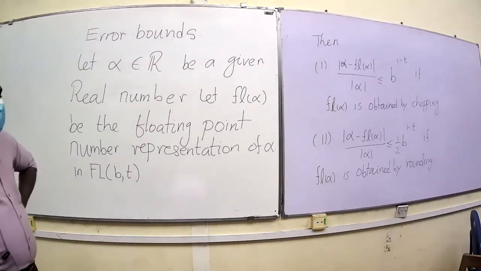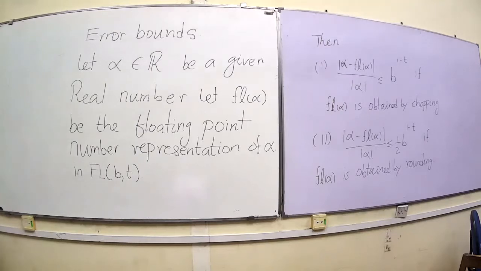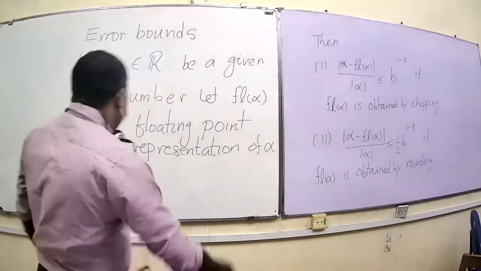So we can prove both the results. If the value is obtained by chopping, then it is bounded by the first value, and if it is by rounding, then it is bounded by the second value. So we will prove them one by one.